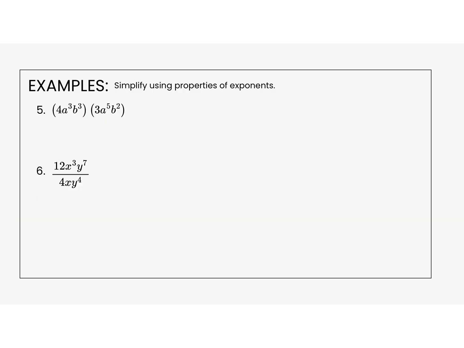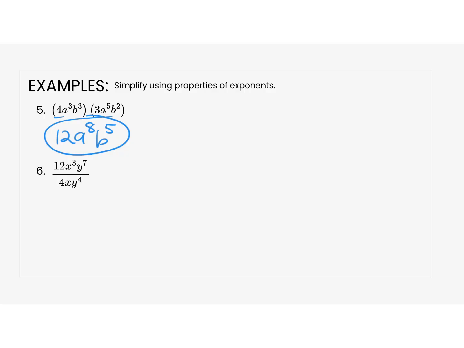Okay, last two, let's look at, same thing, we're going to multiply our coefficients. So 4 times 3 is 12. Then I'm multiplying exponents, so I'm going to add those exponents. So a to the eighth, b to the fifth. And then lastly, I have number 6, I'm dividing.